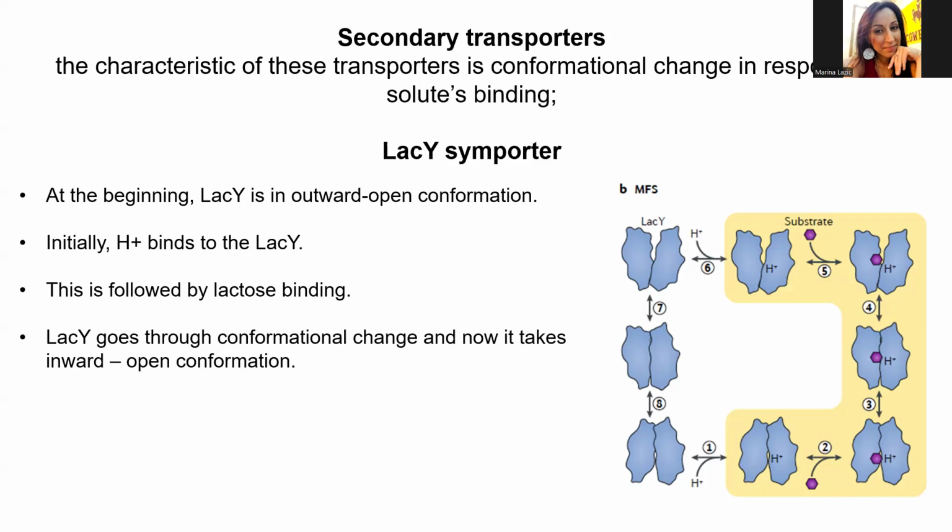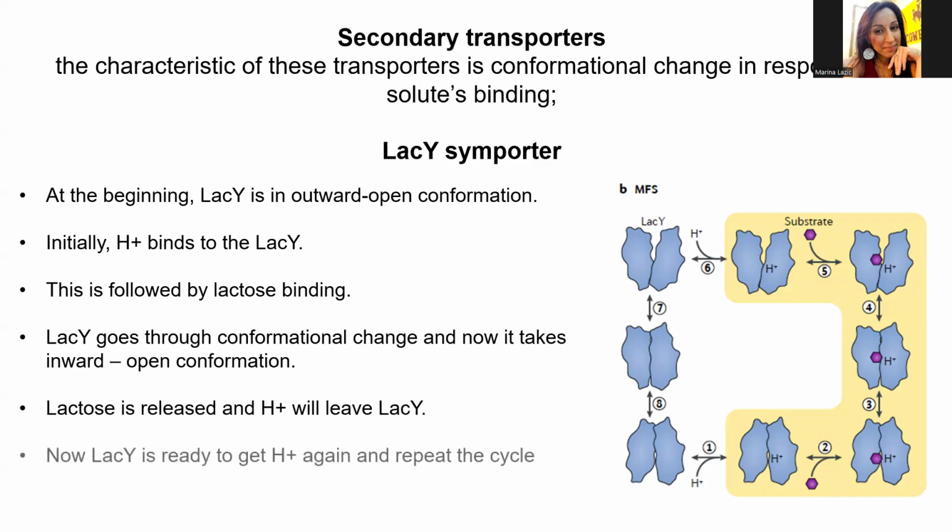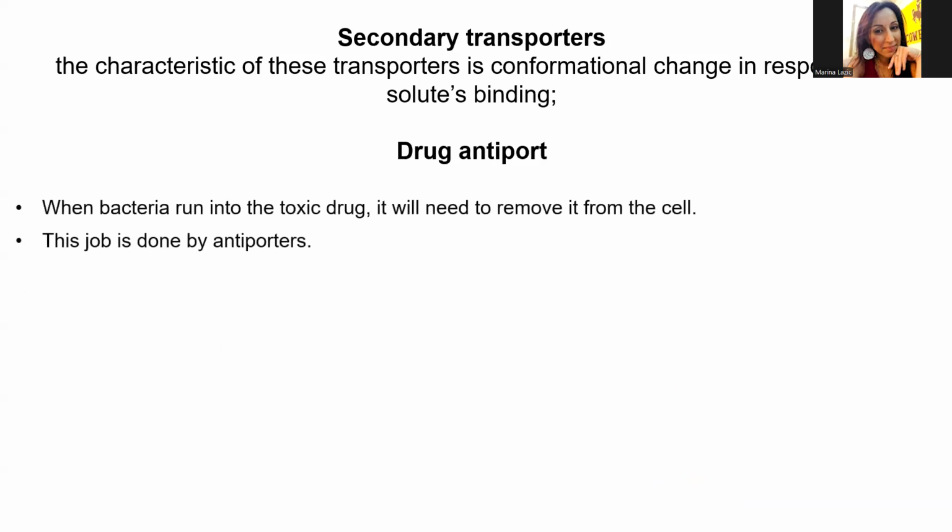So lactose is released inside of the cell, and hydrogen will leave the transporter, so it's ready for the next round. So these were two examples of symport, different types of sugars, but still symport and PMF involved.